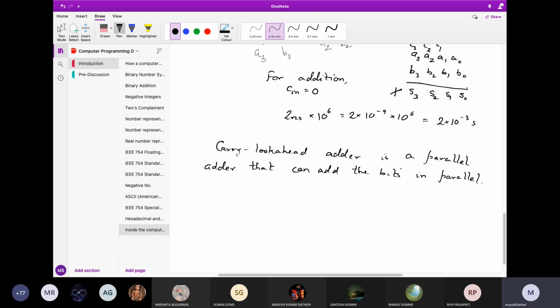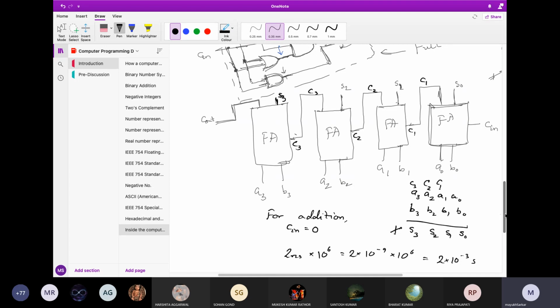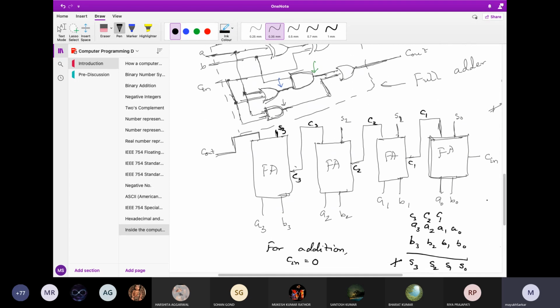These 4 adders will then work in parallel in such cases. But generally, such complex circuits are not designed for 8 bits or 16 bits because the complexity becomes unmanageable, so they are generally confined within 4 bits only.